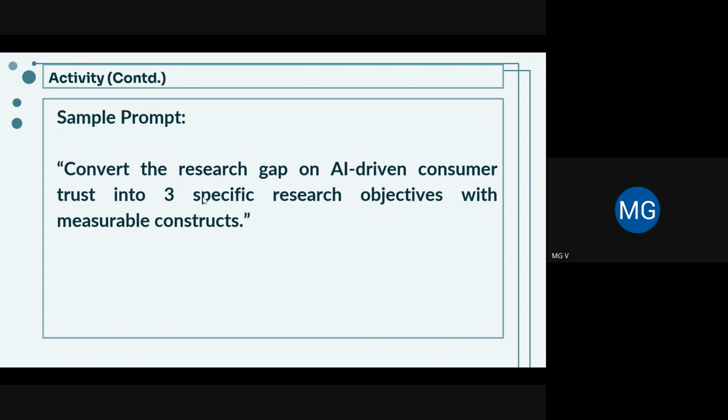Now see, the prompt can be: convert the research gap on AI-driven consumer trust into 3 specific research objectives with measurable constructs. If you write anything in ChatGPT, it will definitely give you the outcome. But is it realistic? Is it going to help you? So based on it, you need to focus more and more and more on prompt.